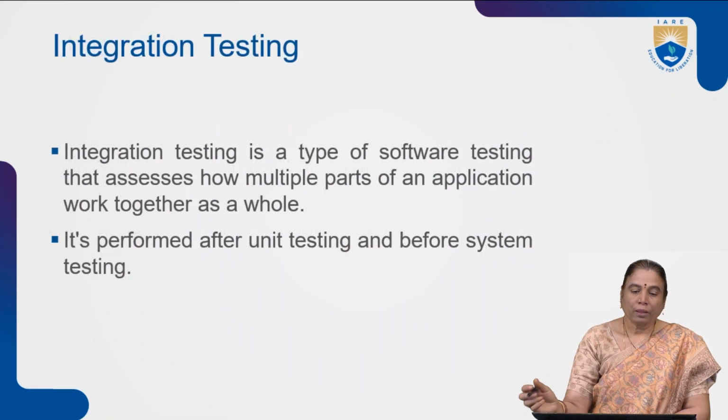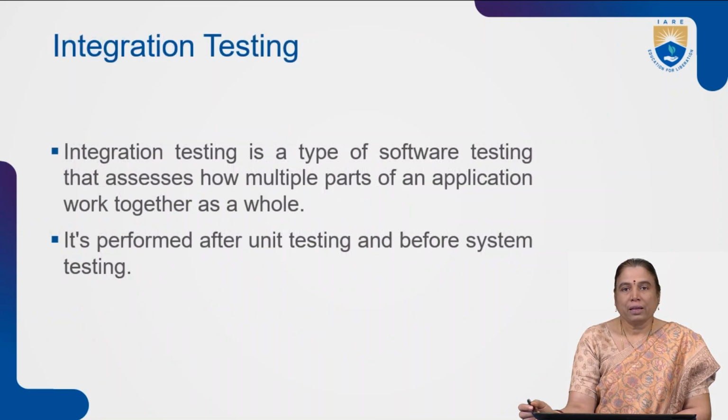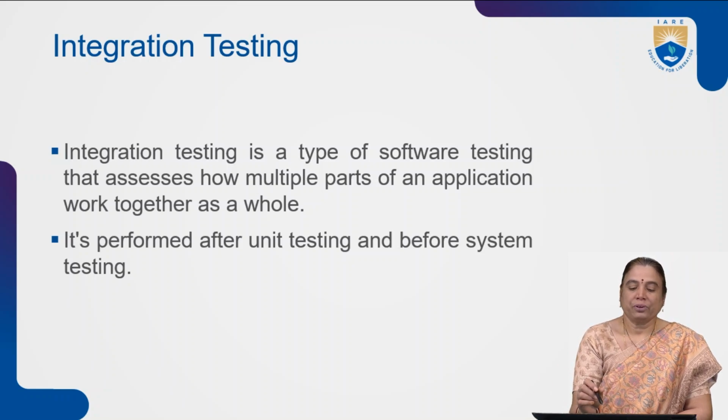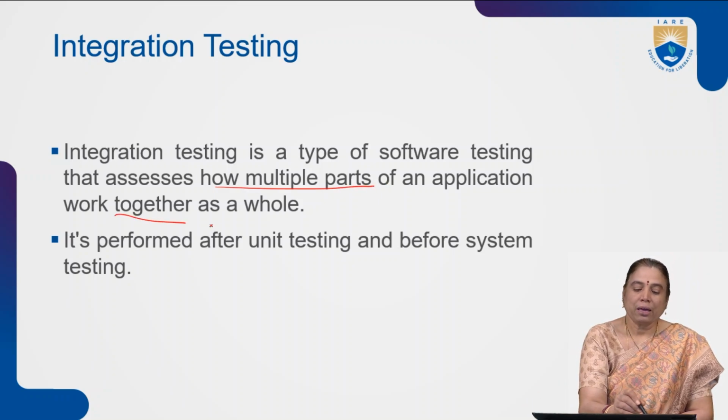After these units are independently verified, they are integrated and we perform integration testing. Integration testing is a type of software testing to assess how multiple parts of an application work together as a whole.